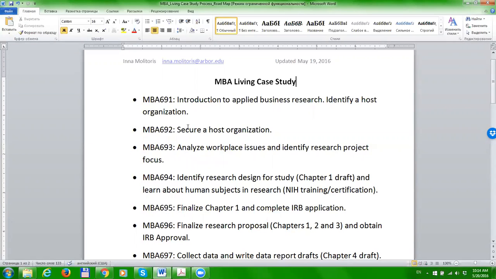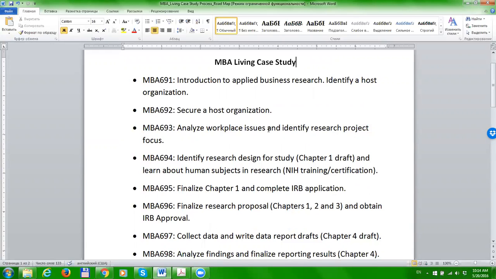In the following course, you will secure a host organization. You will sign a host approval form, and you will submit it to the instructor. It is important to know that it is your responsibility to keep your host organization approval form updated, because sometimes a host organization loses interest in supporting the study, or the person who is your contact person at your host organization may leave the organization and you may lose support.